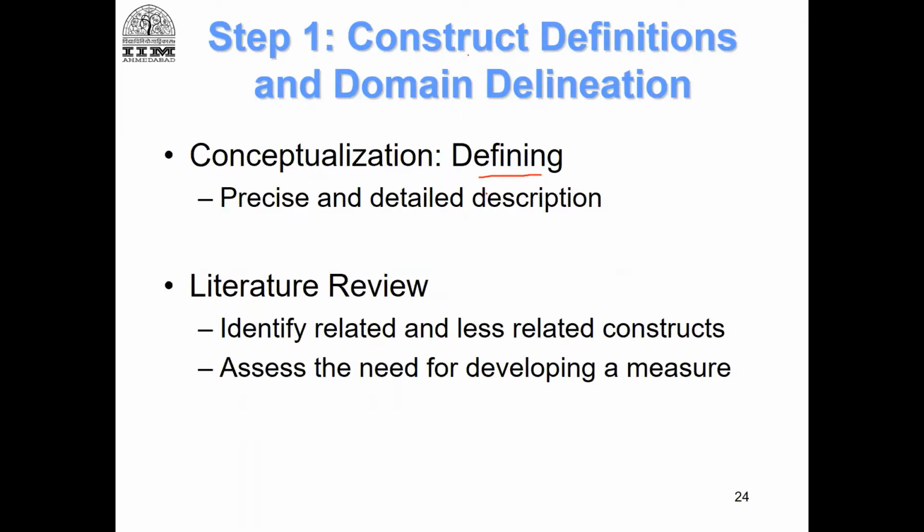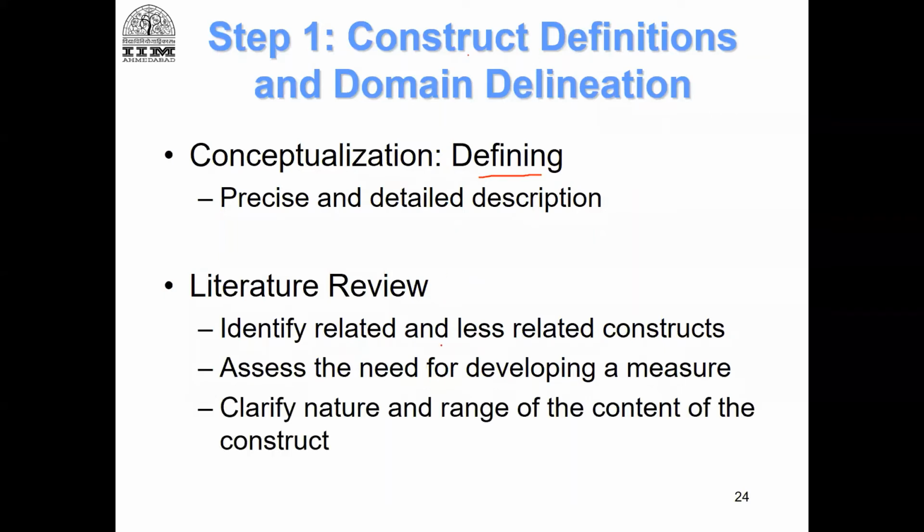So if you are embarking on this journey, you've got to carefully assess the need for even doing this. Or you can just go ahead and use one of the existing measures, and you don't have to do all that hard work, right? And clarify the nature and range of the content of the construct.